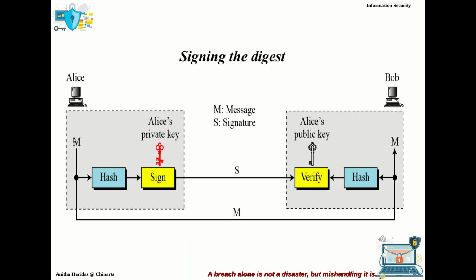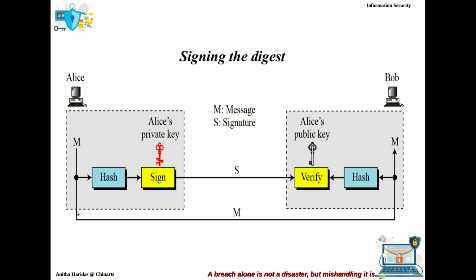We have the original message. The original message is given to the hashing function, the cryptographic hashing function, which will generate a message digest, and this message digest is now given to the signing algorithm along with the private key. Then the signature will be sent for the verification process, and for the verification process the public key will be used, right?